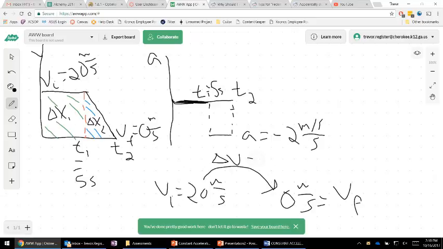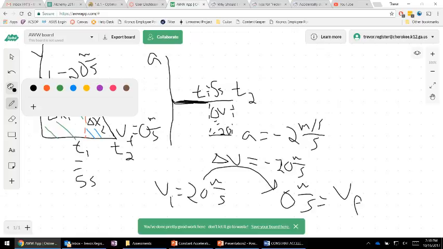And so in this case, it's going to be -20 meters per second because it goes from 20 to 0. And so that -20 meters per second is the area of my acceleration graph. Okay.